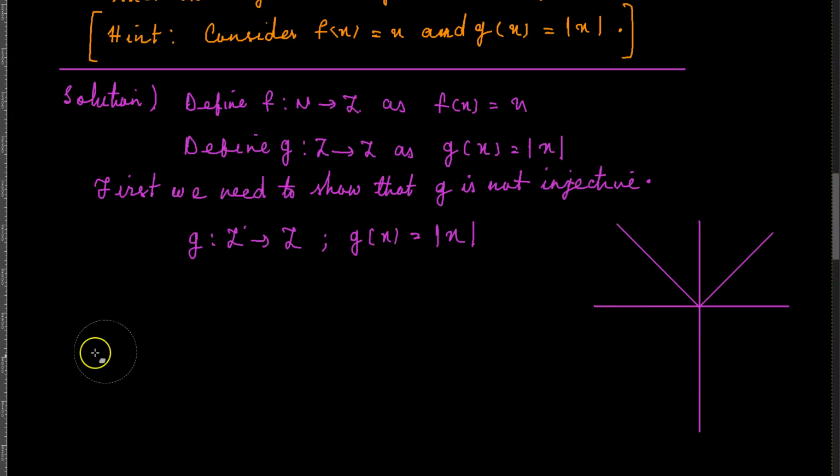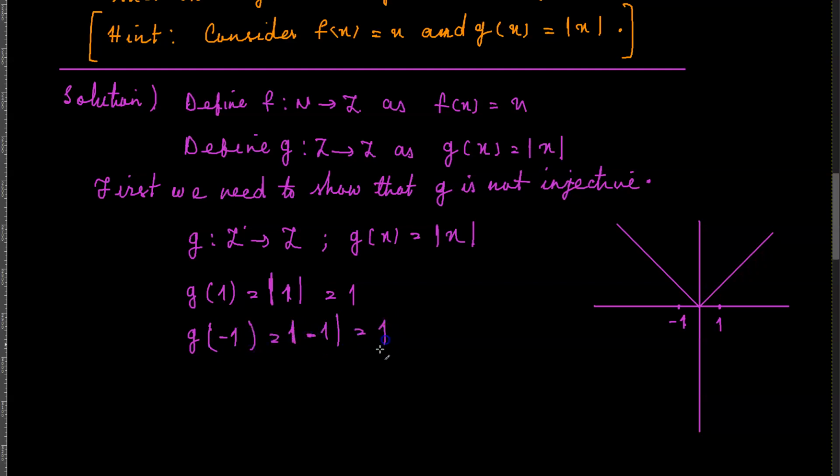But in order to show that, you could, for example, take a 1 over here and negative 1 over here, and you know that g of 1 is equal to the absolute value of 1, which is equal to 1, and g of negative 1 is equal to the absolute value of negative 1, which is equal to 1.